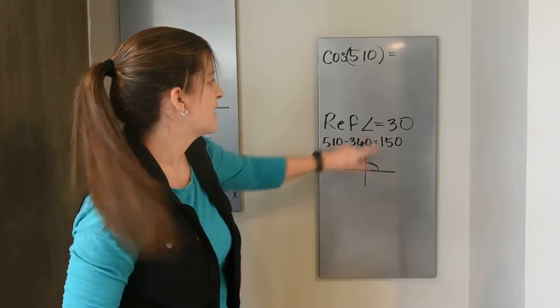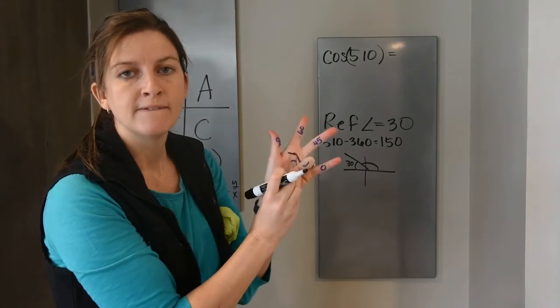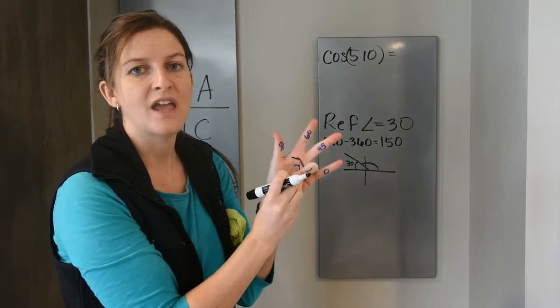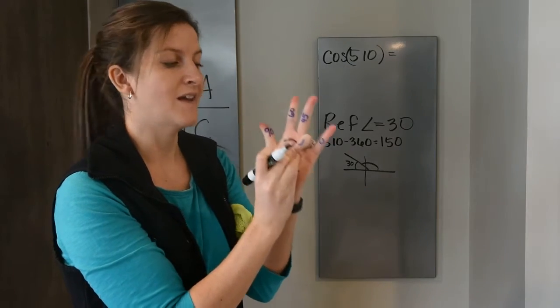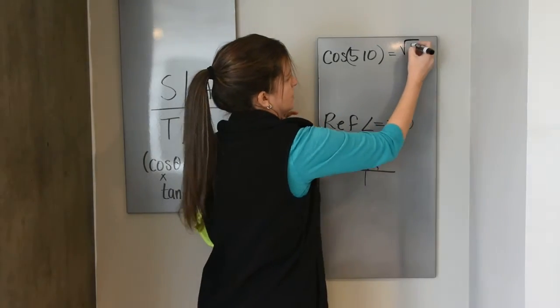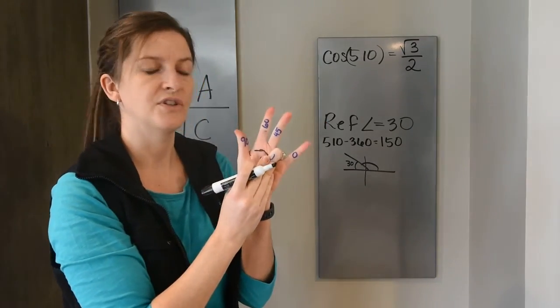Okay, this is the symbol for angle. Okay, so take your hand, pull your 30 down, and then find cosine. Cosine is your x. So you've got a 3, but remember we put square root over that. So square root 3 over 2.